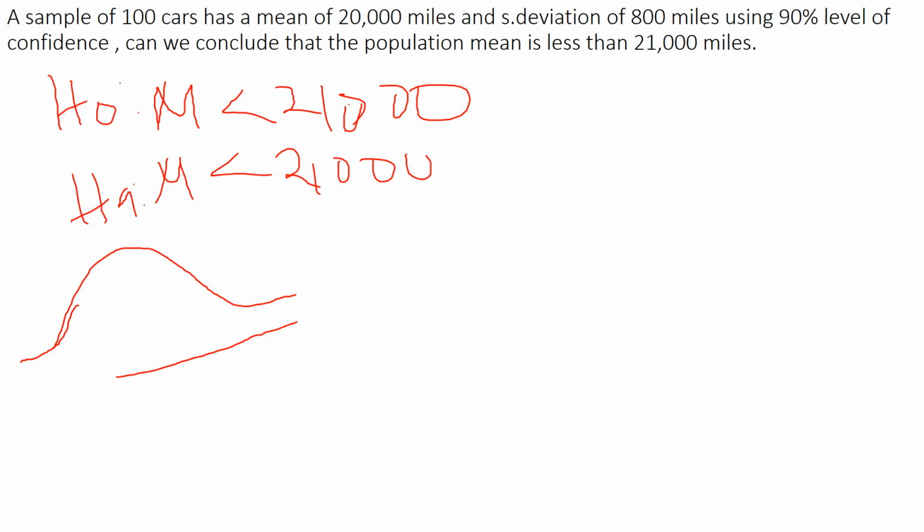We can have a sketch of our normal distribution, and for us to know on which side we are going to have the acceptance region and the rejection region, we can shade. We have the 90%.